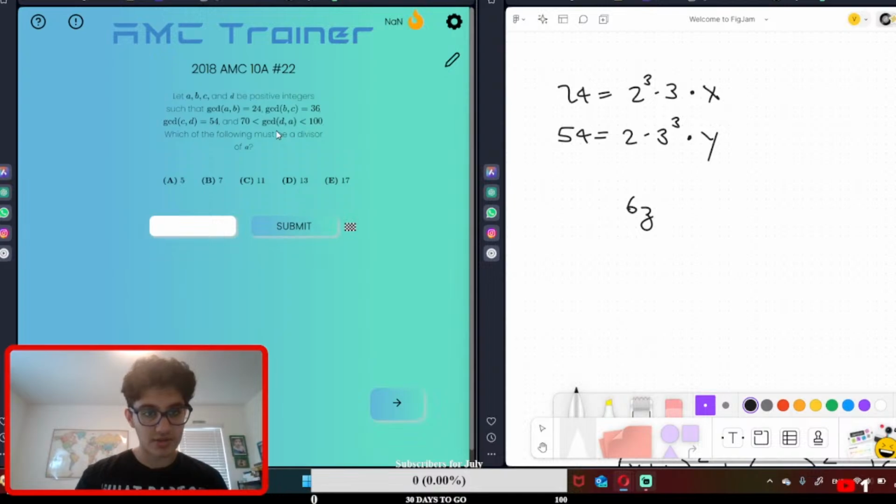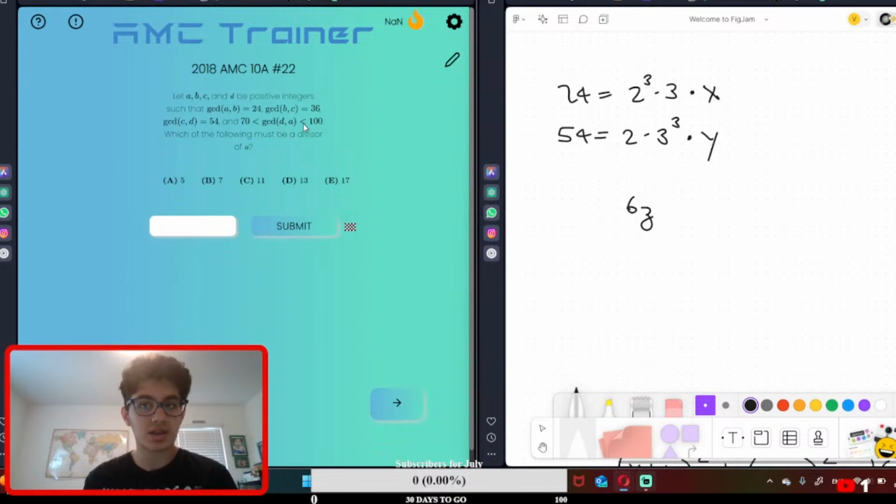So the GCD of D and A is a multiple of 6. But what exactly will it be? That's what we need to figure out. I think we need to use the clues we've been given on the side there. The clue that the GCD of B and C is 36, which is 2 squared times 3 squared.